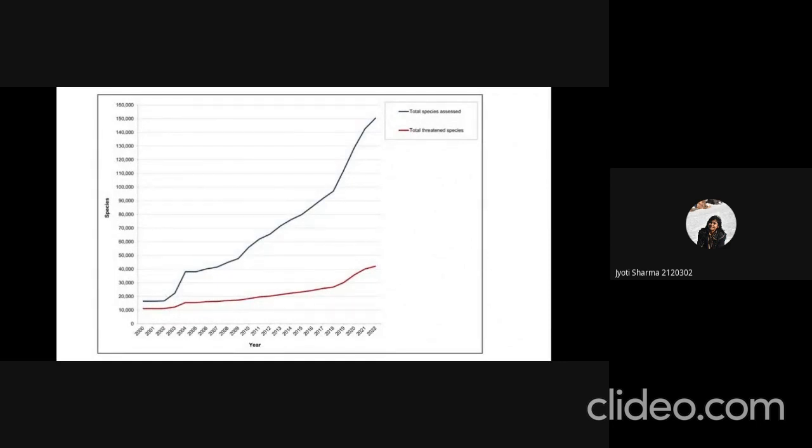Here we have one graph where you can see, and one problem is that in the Amazon forest there are some species that we know nothing about. We don't have information about those species. It may be that if the Amazon has 2000 species, we have records of only, suppose, 1000 species.